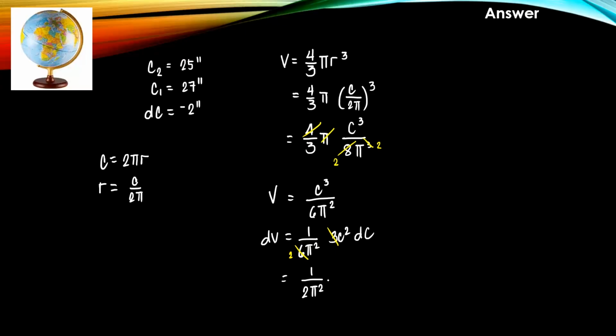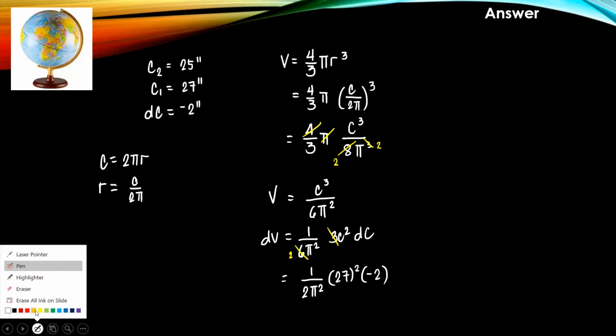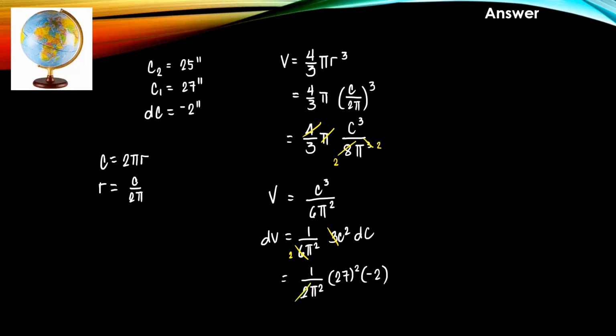The c that we will plug in is 27. The dc is -2. So you'll notice we can cancel the 2 and the 2. What's 27 squared, guys? So -729 over pi squared, and then inches cubed.